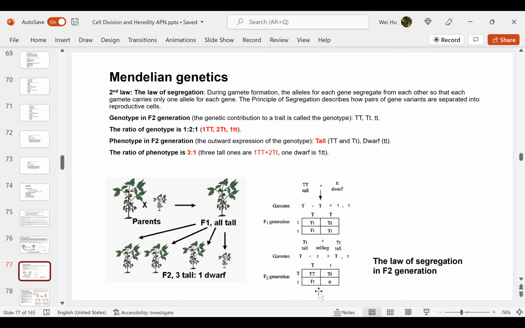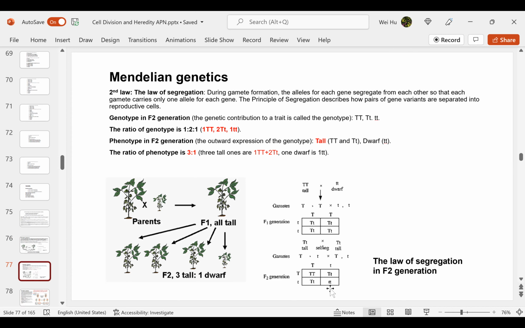Now, how many genotypes do you have? 3. 1, 2, and 3, correct? How many phenotypes do you have? You only have 2, because the first one will show dominant. They are homozygous dominant. Big T, small t also shows dominant, so big T, small t is heterozygous dominant.